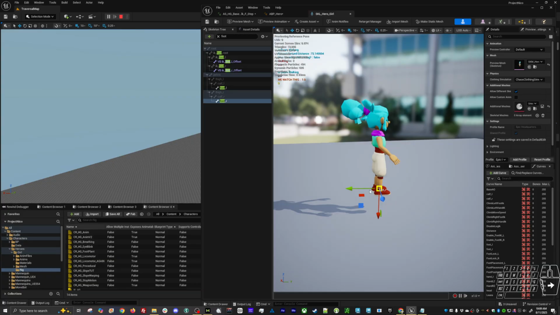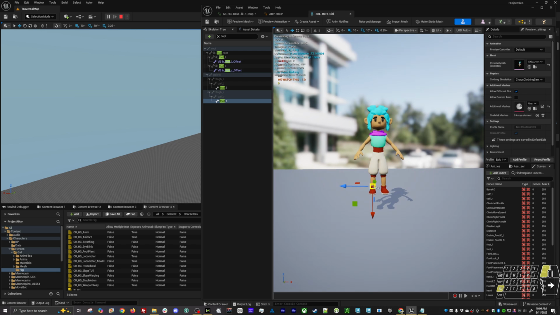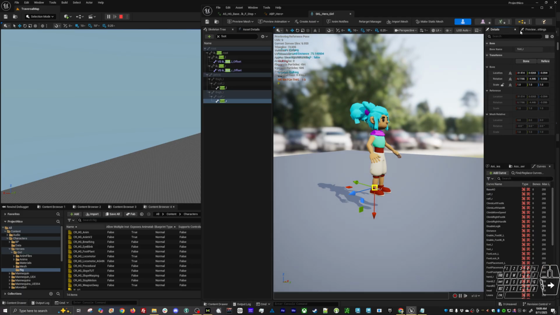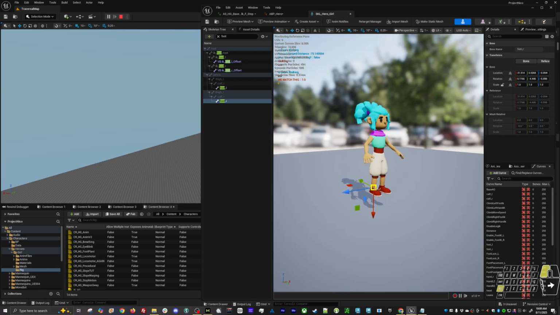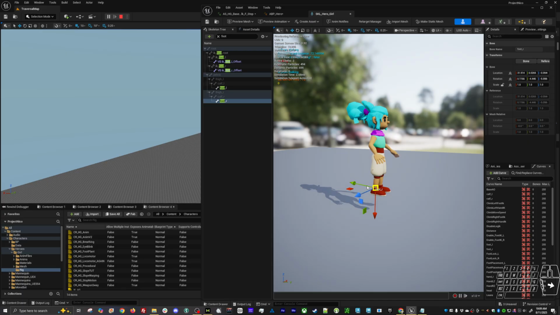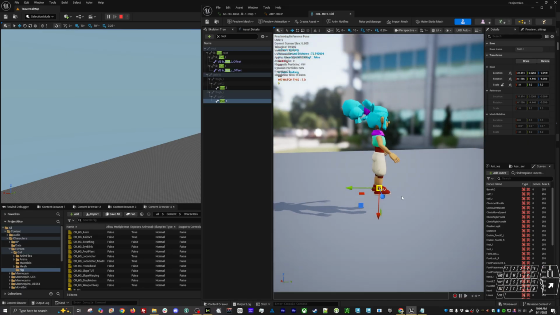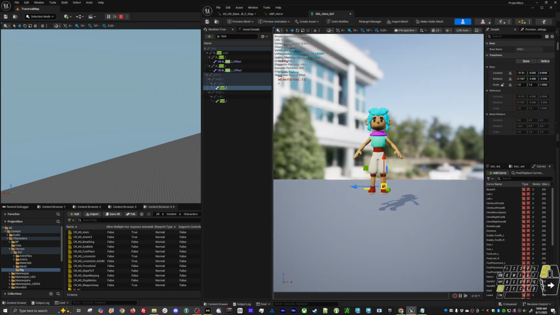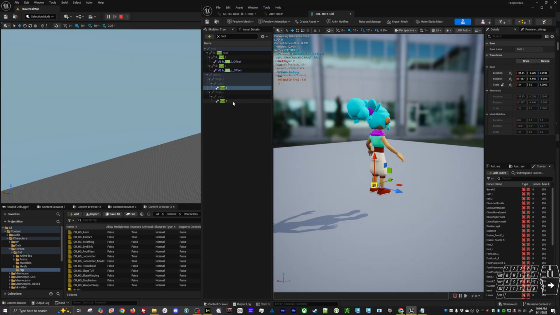So yeah, we've got our Y. It doesn't make as much sense as I was hoping. So Y forward is, Y positive is backwards. Let's look at the left foot. So that's just the opposite. Okay, good to know.